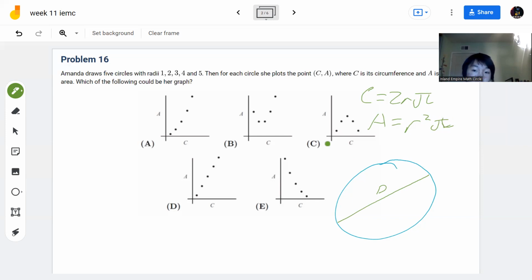And we're doing this for circles with radii 1, 2, 3, 4, and 5. There are no specific values on the graphs, so we can just find a rough estimate for all of these. Anyone want to give a shot? We're going to approximate the rough circumference and area for all these circles, and then see which graph is the closest.